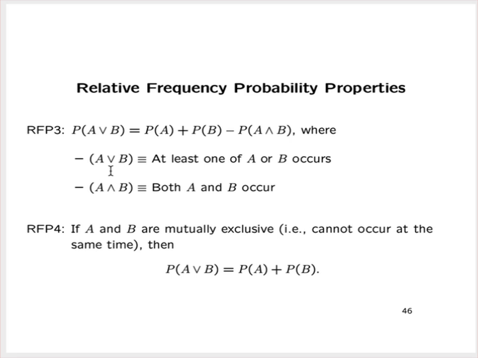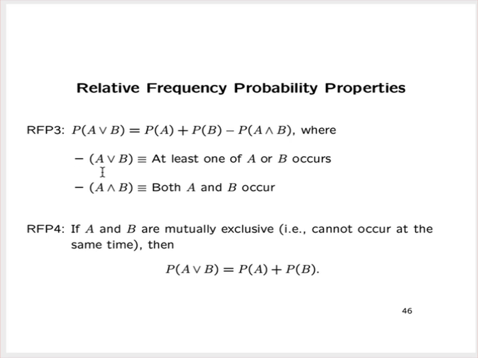This wedge notation is the logical disjunction, all right? What this means is that either A or B occurs. A is an event, B is an event, and so this together is an event, and it's the event that either A or B occurs. And when we say or in this sense, we're talking about the inclusive or. So it could be that they both occur as well.